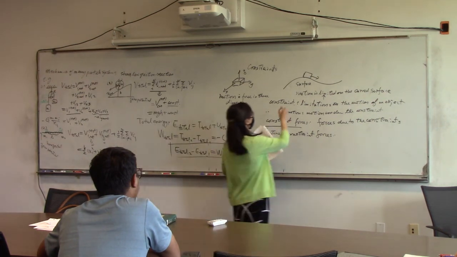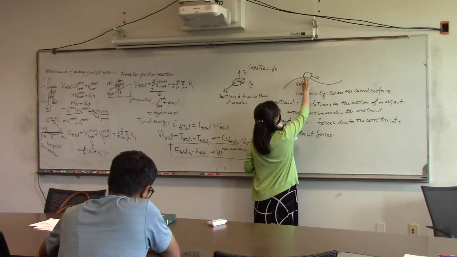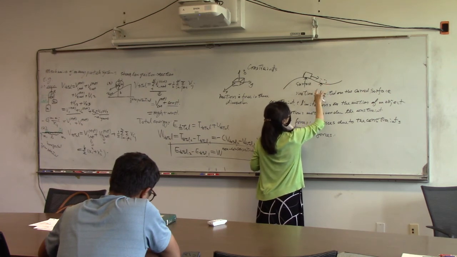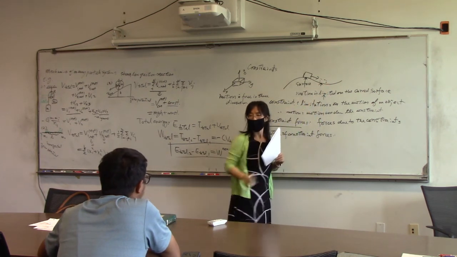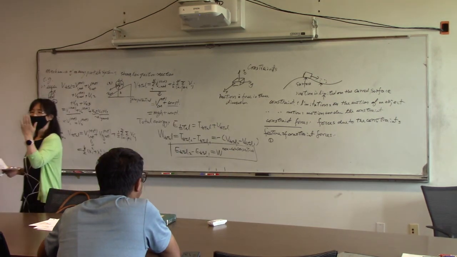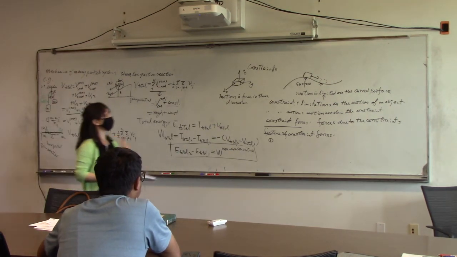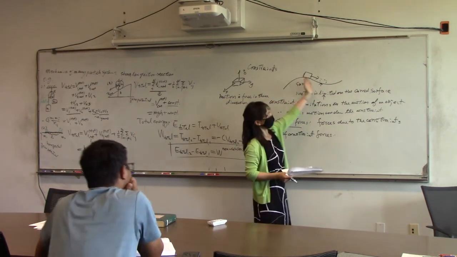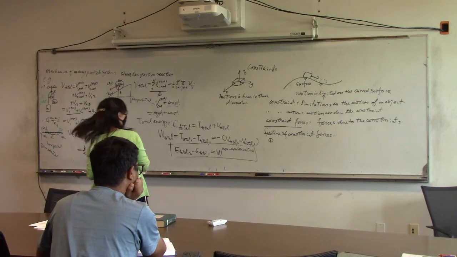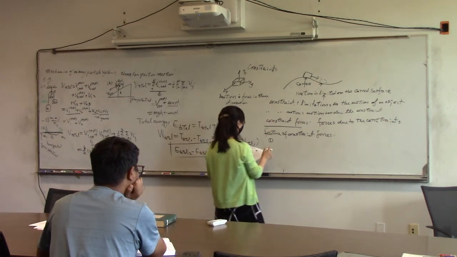How do we write the force at any position, right? If it is here, the constraint force is this way, right? And of course, in this case you probably know, that is the normal force. But this normal force changes at any position, in orientation and magnitude. So it is not easy to express the constraint force.